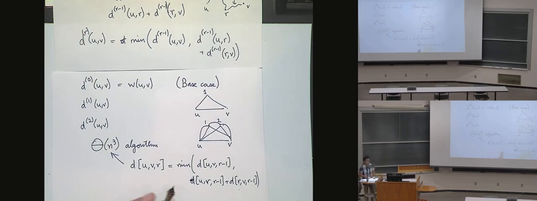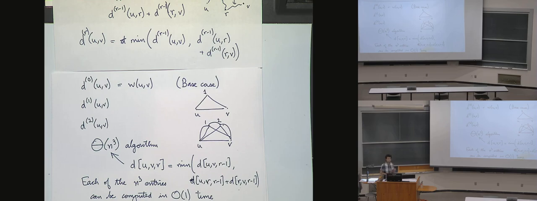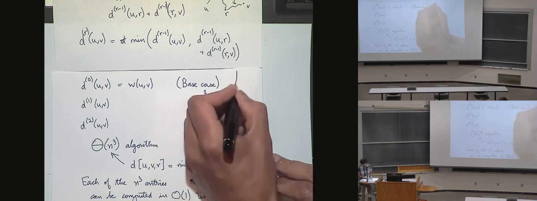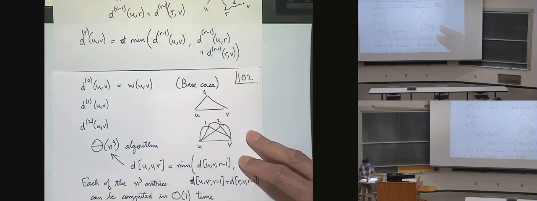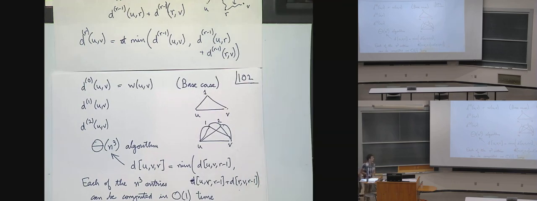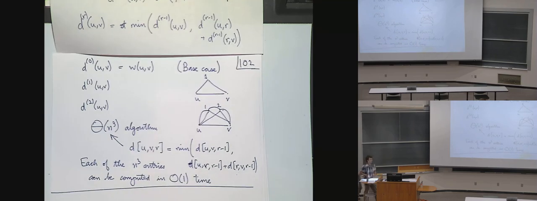So there are n^3 entries, each of which can be computed in O(1) time. This is the Floyd-Warshall algorithm. Questions? So far, so good?